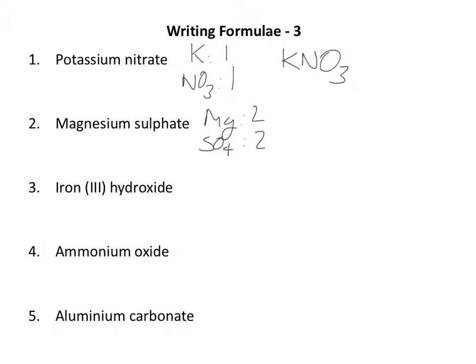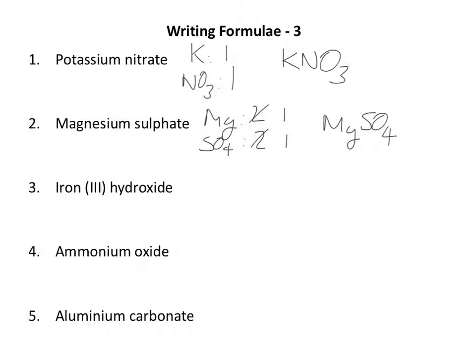It's almost as if we just cancel them down, like we saw in the first video. So we write out magnesium, one of those, and 1 sulfate. We must make sure we write it out as SO4. We don't start messing around with this number here, otherwise it's no longer sulfate.